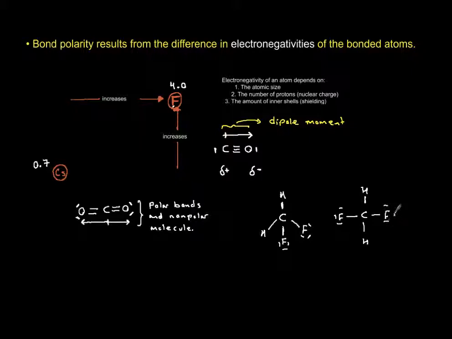But this is the wrong shape, so we also have to respect shapes. The shape is actually tetrahedral, and the polarity is toward fluorine. So this is the direction of polarity, and sometimes we show a resultant going this way. So it's a polar molecule.